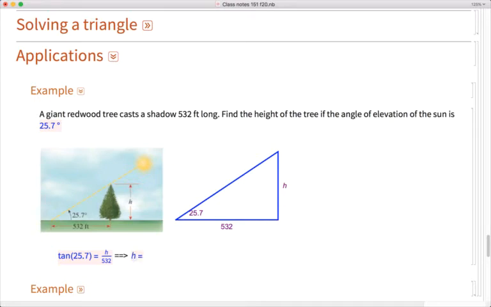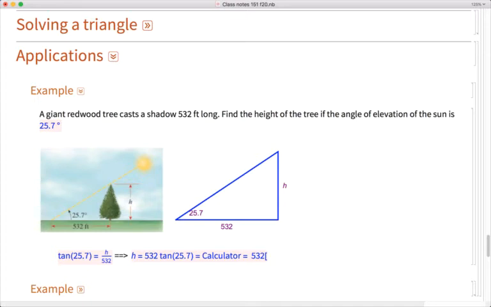So h, clearing the denominators, is 532 times tan 25.7. And then this takes a calculator. I'll do it with my machine as quick as I can here.